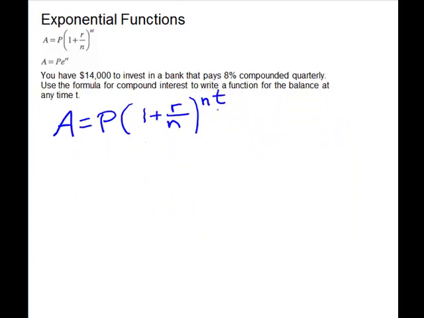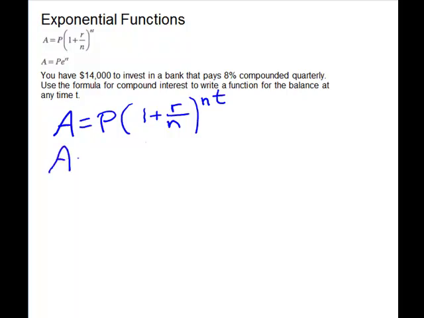For our next problem, we're going to create a general formula for $14,000 at 8% compounded quarterly, and we're going to leave t in as a variable. So we'll plug in everything we know.